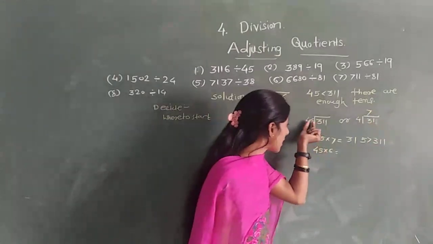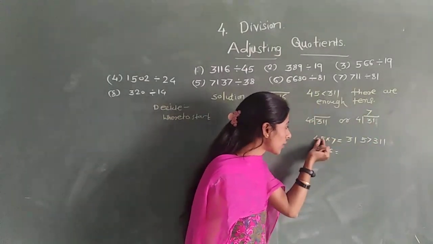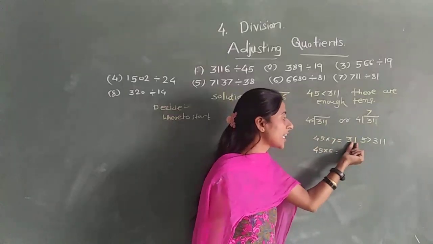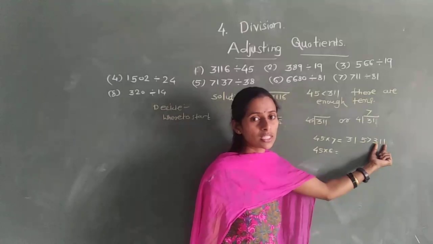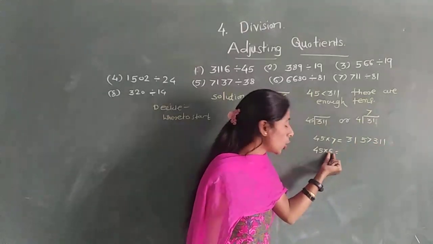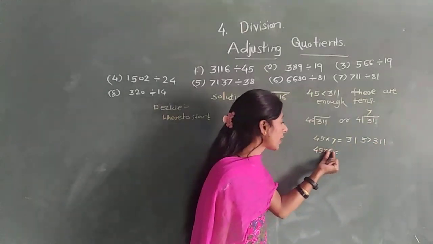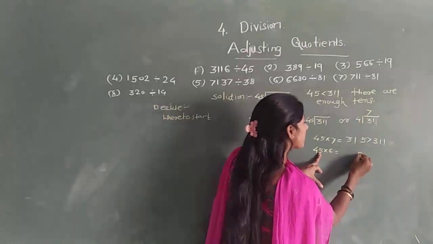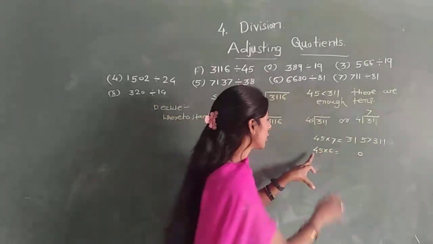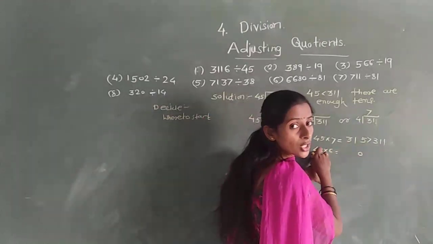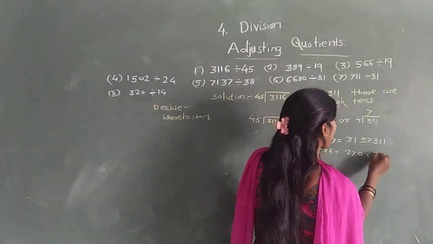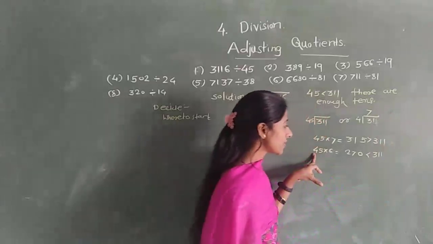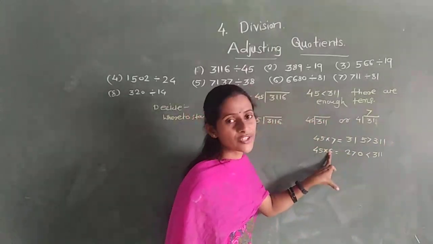Multiply the divisor by the estimated quotient, 45 into 7, that is 315, which is greater than the dividend 311. So check the lower number, that is 6. 45 into 6: 6 5s are 30, carry over 3, 6 4s are 24 plus 3, 27, so 270, which is less than 311. Means the estimated quotient is 6.